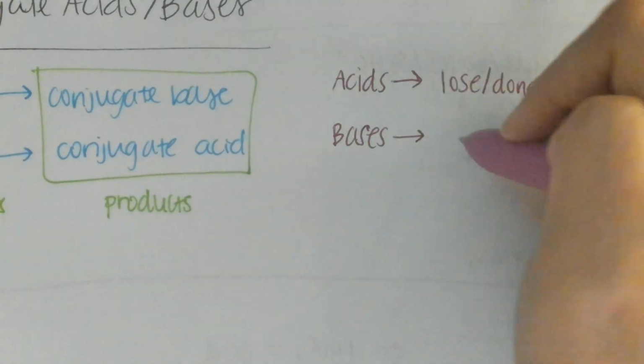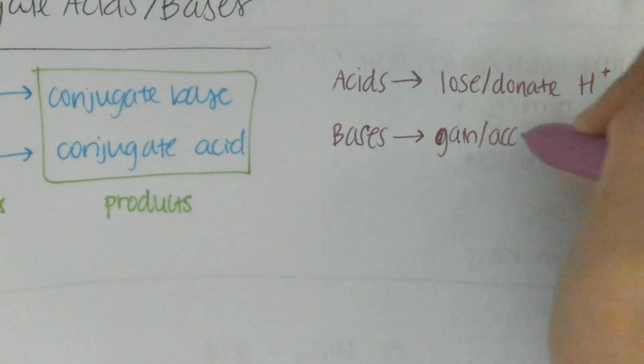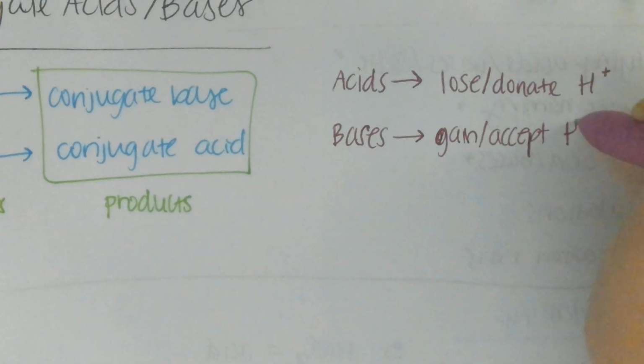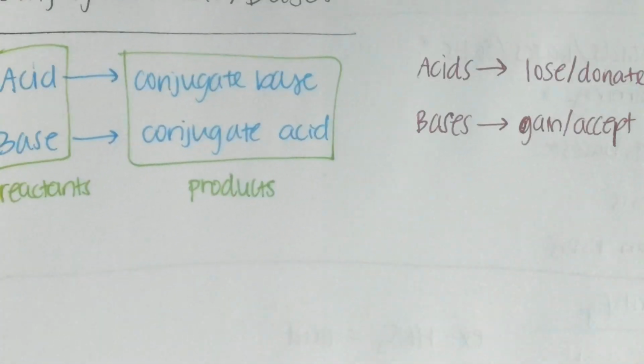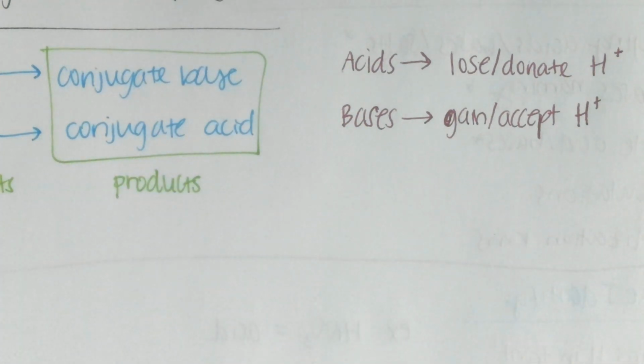Bases are the opposite of acids, so they gain, or accept, hydrogen. When you look at an acid-base reaction, when the hydrogen gets lost, it doesn't just vanish or disappear, it goes somewhere else. It goes to the base. So the bases love hydrogen, they want it. They take it from the acids.